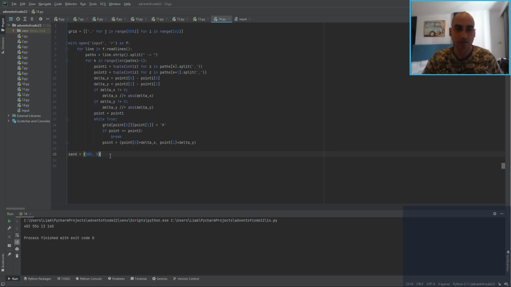Okay, should we just print this graph and see if it actually makes any sense? For line in grid, print.